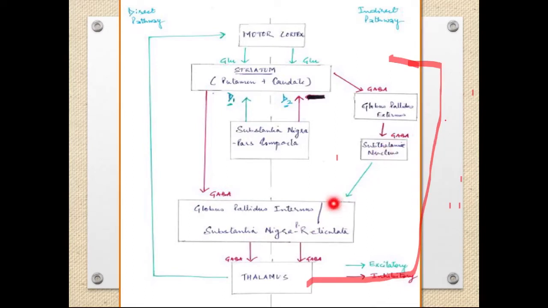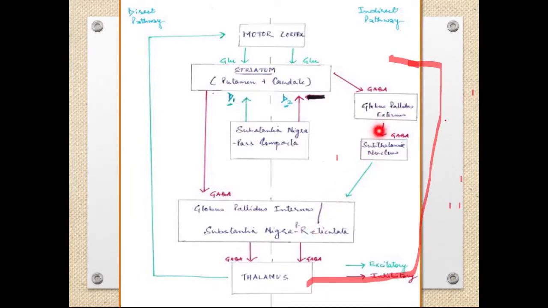So in this route, how many red are there? 1, 2 and 3, right? The indirect pathway is from the motor cortex to the striatum, to the globus pallidus externus, to the subthalamic nucleus, to the globus pallidus internus, to the thalamus, and again back to the motor cortex.